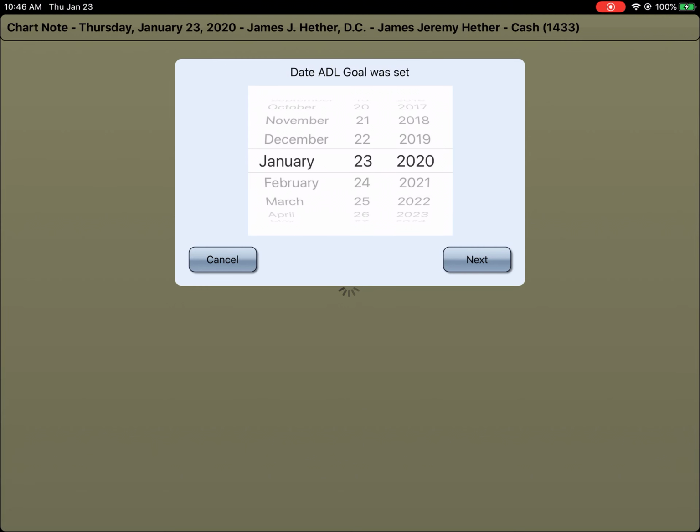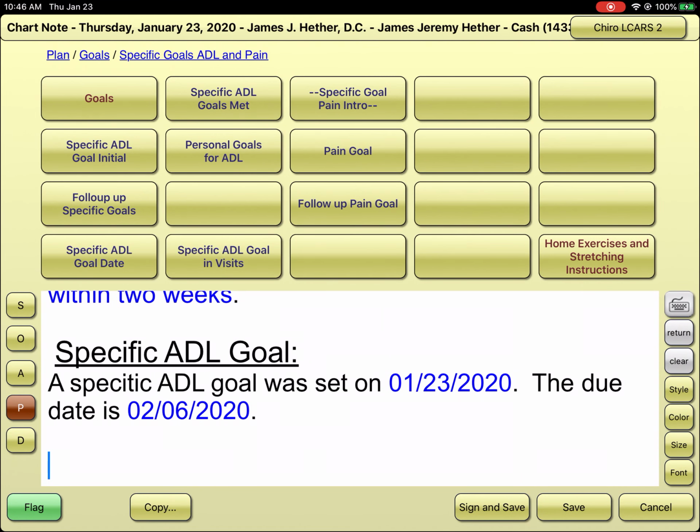And then 2 weeks from today would be, let's say, February the 6th. And I'm going to leave this on so that when I see the patient, once they get past the 6th, I'm going to ask them, let's go over those same goals and see what's improved and what isn't improved. And at that time, I can update their exercises, or their treatment, or their physical therapy if needed.